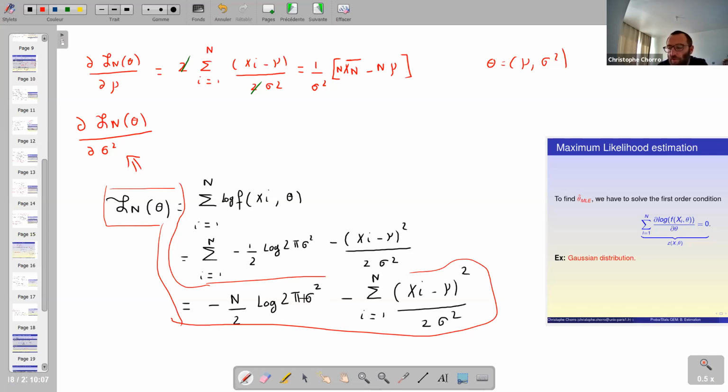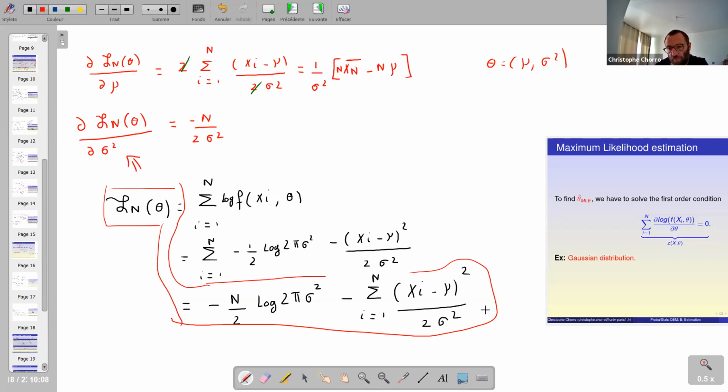So I have to compute the derivative of a logarithm, and I obtain simply minus n over 2 sigma square, because the derivative of the logarithm of x is equal to 1 over x. So I obtain this one.